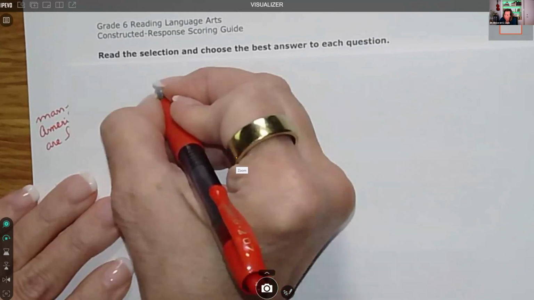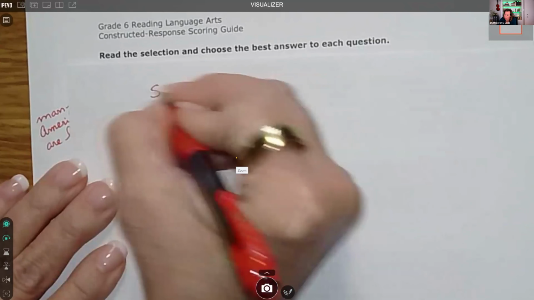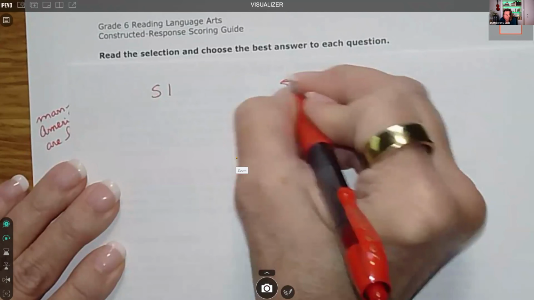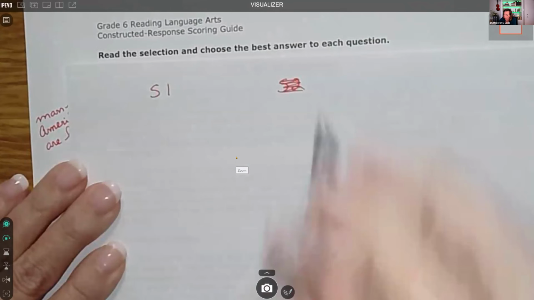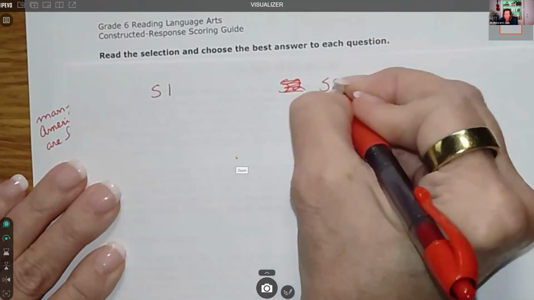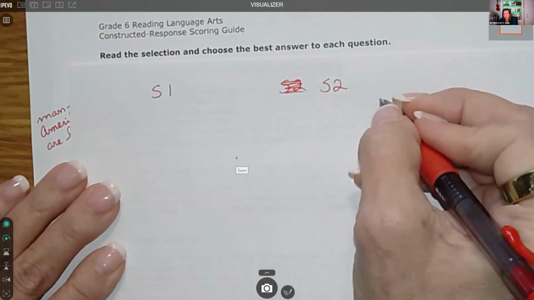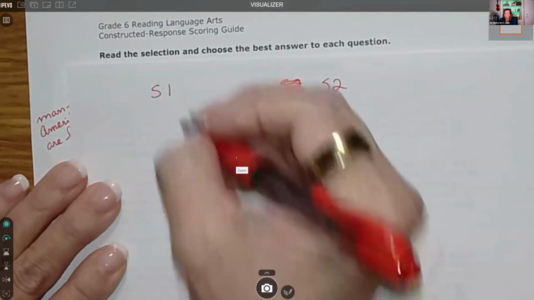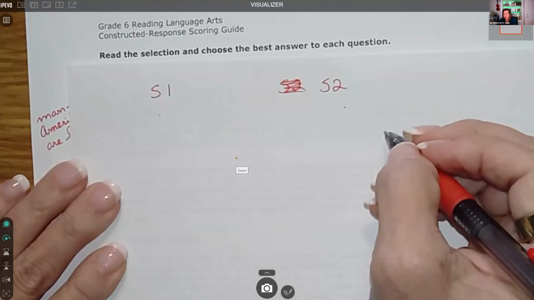And so I would have them put source 1, source 2, etc. But since there's only one passage, if there's a paired passage, I would put source 2. Okay? So I would draw a line down the middle and put source 1 and source 2 if it's a paired passage.